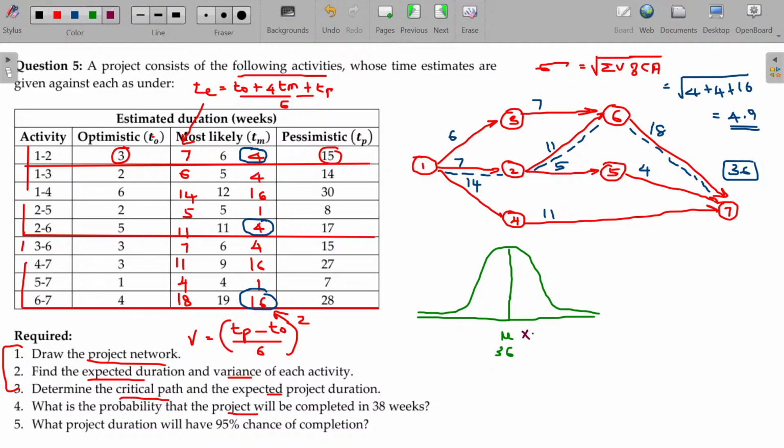X in this case is equal to 38. What is the probability that the project will be completed in 38 weeks? So I assume this line should be here. My required area being this one. Is that clear?